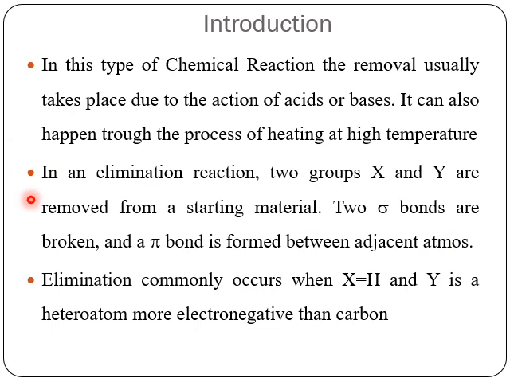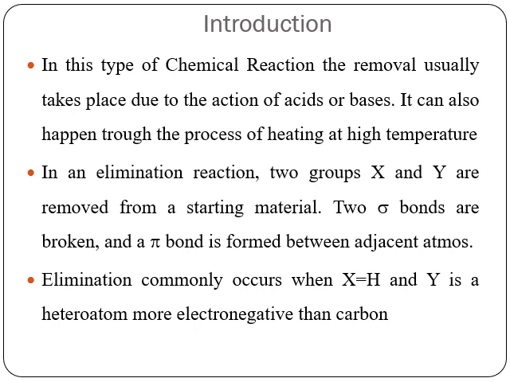If you see in the previous slide, there were two groups attached to the carbons, X and Y, and there was a reagent. The reagent may be an acid or a base.